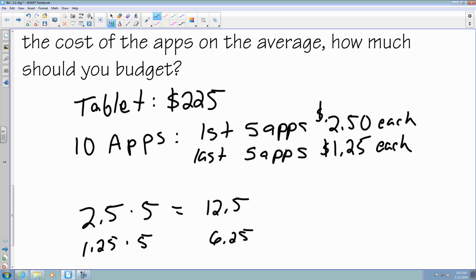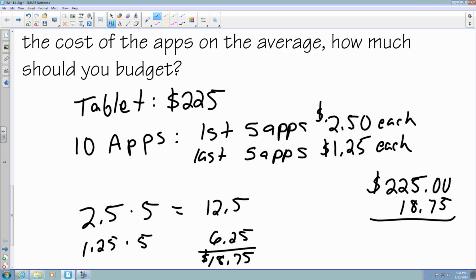When you add them together, you get a total of $18.75 that you're going to spend on the apps. So your budget is going to be $225, which is the tablet itself, and then $18.75 for the apps. That gives you a grand total of $243.75. That's how much you're going to have to budget to afford the tablet and those 10 apps.